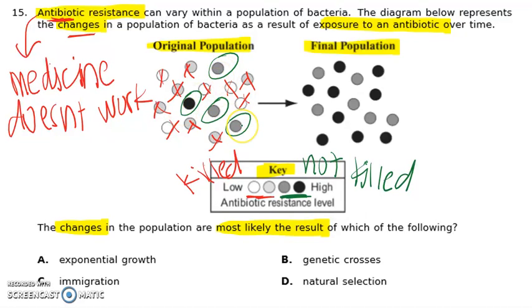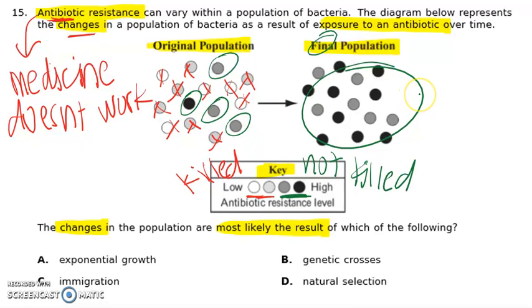Because these are able to survive, these bacteria will reproduce through asexual reproduction, and they're going to basically make clones of themselves. And so we see in our final population, the only thing that's left are high antibiotic resistance level bacteria, a bunch of bacteria that are not killed by the antibiotics.